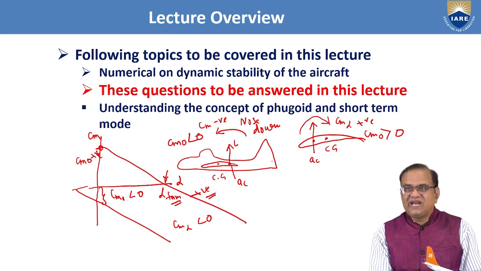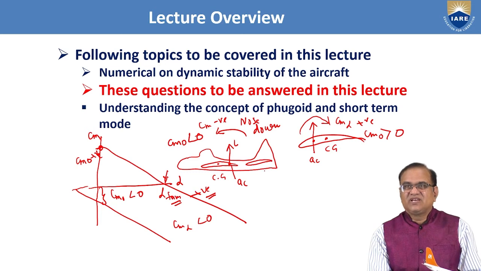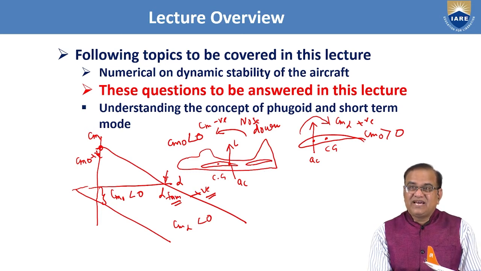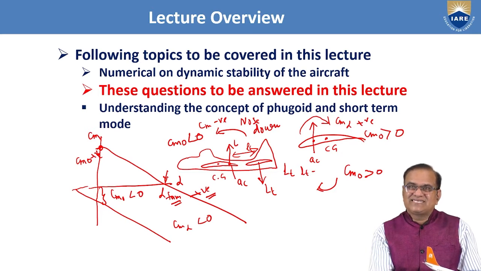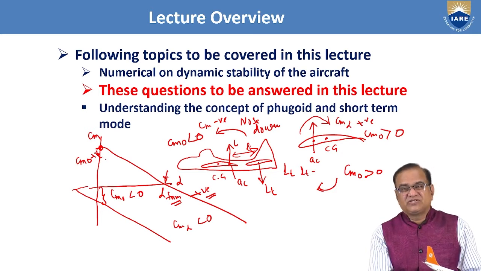For that we have to add a tail here. If you make the tail setting angle negative, it will generate a lift LT like this, and this LT into a small lever arm will create a moment in this direction, and that makes Cm0 positive. So this tail will make Cm0 positive.